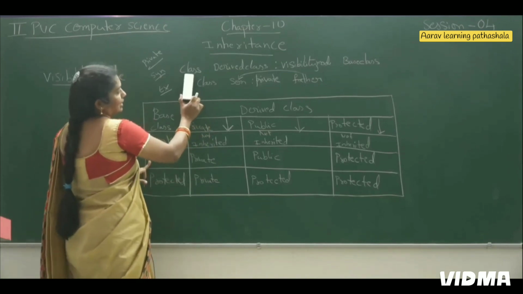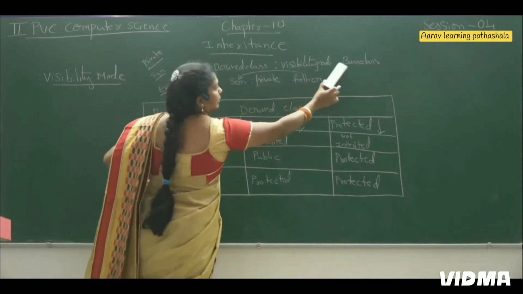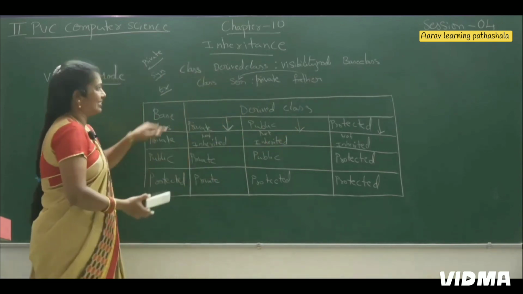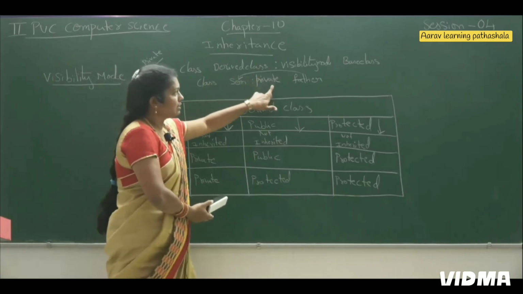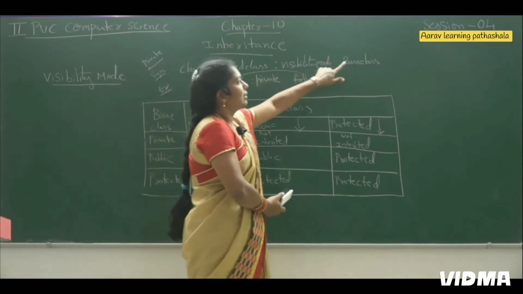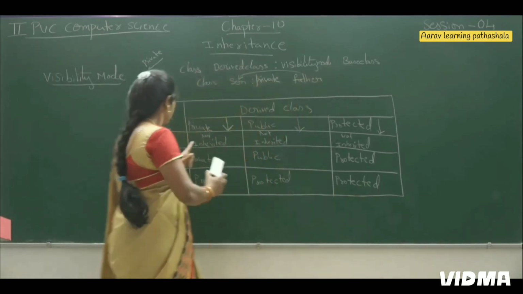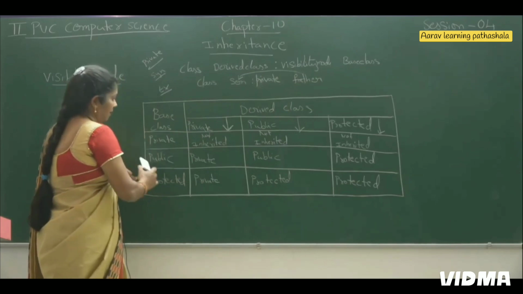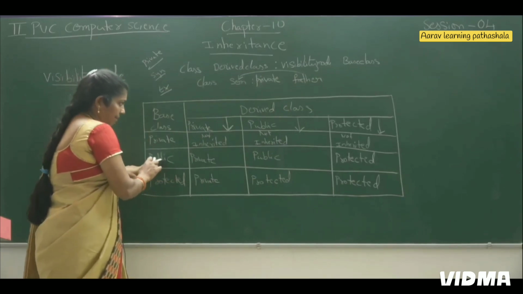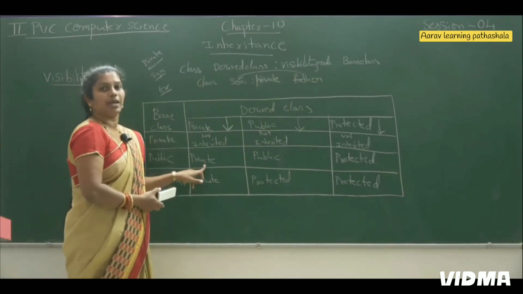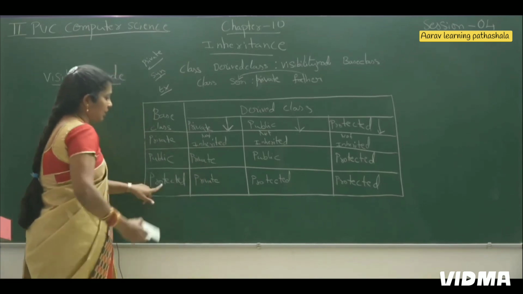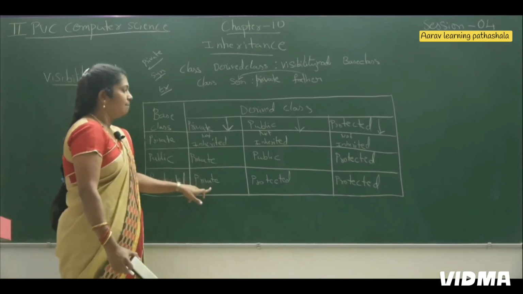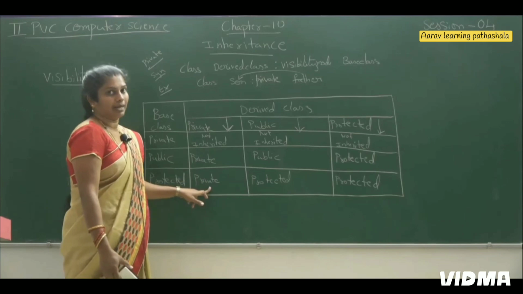While writing syntax: class, derived class, visibility mode, then base class. While writing the example: class, derived class is son, here the visibility mode is private and the base class is further. If the base class members are public, then in the derived class they become private. If the base class members are protected, then they become private in the derived class.